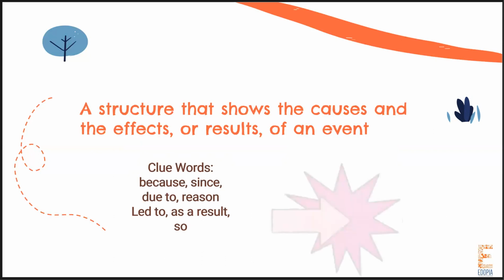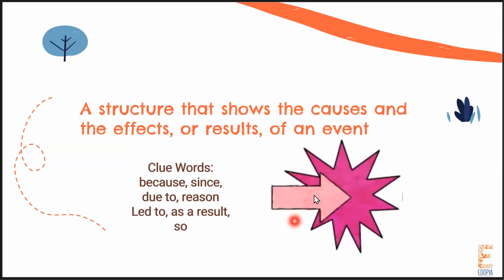And the graphic organizer is that there is an event that took place, and because of that there is a result of it, or there's an effect of it. So can you guess which text structure it might be? Cause and effect. Perfect.